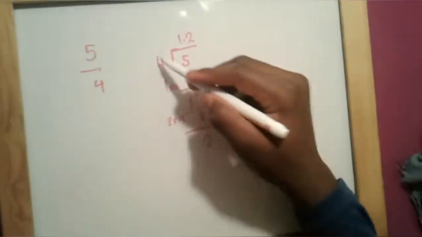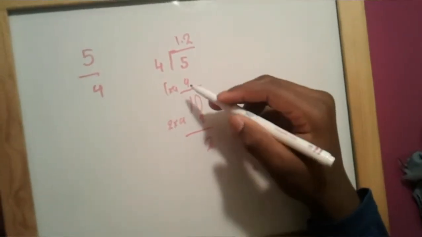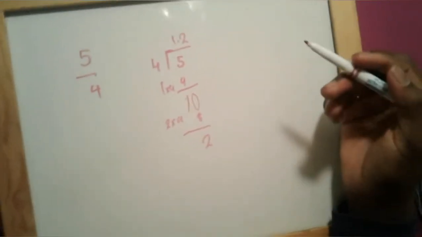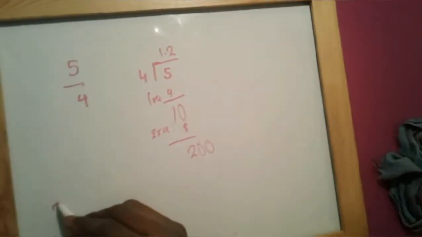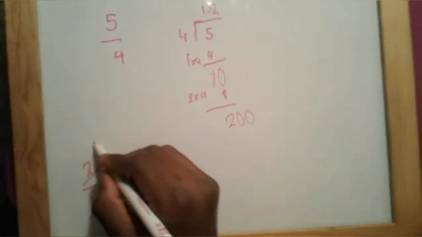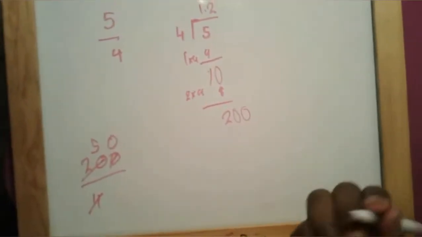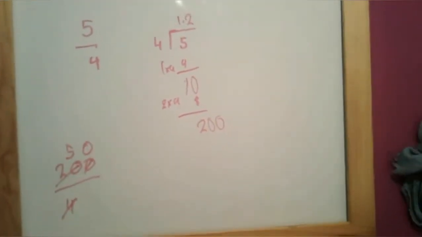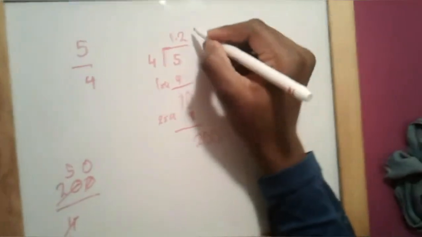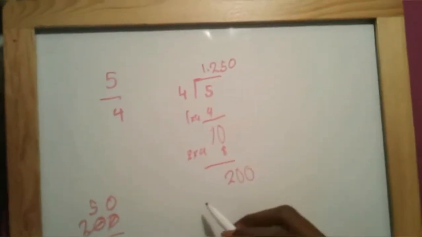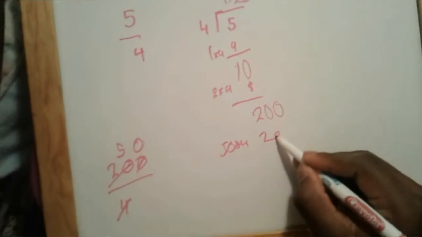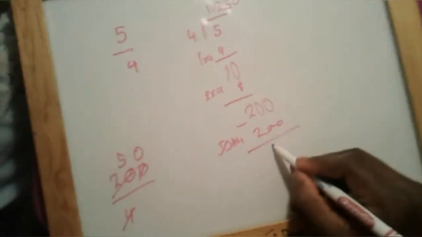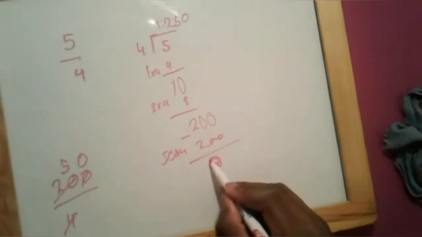How many 4s are in 20? Then 50, so there are 5 4s in 20. You put 5 here, and 5 times 4 is 20. When you subtract, it will be 0, and when you reach 0, you just stop right there.